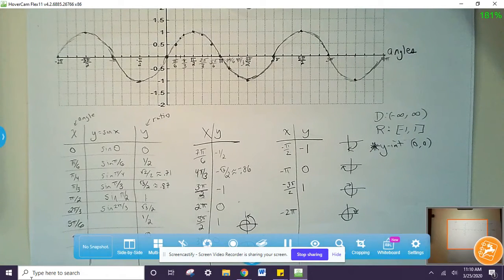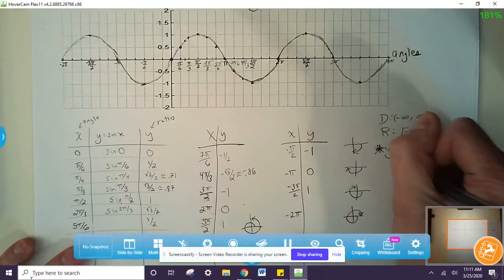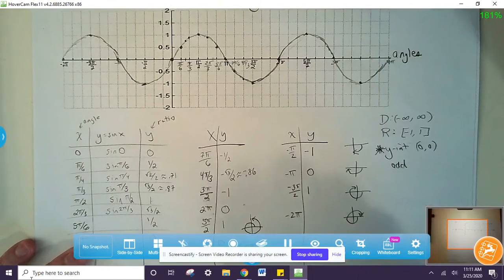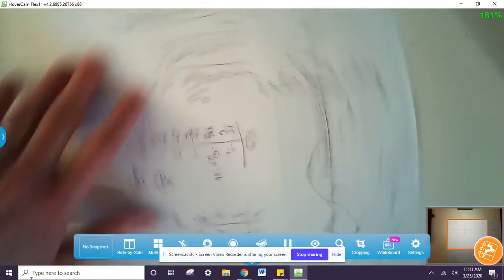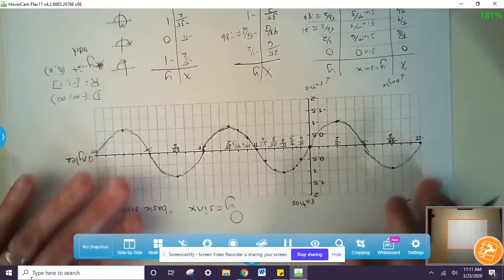For the graph to be even, you'd be symmetric with respect to the y-axis. For the graph to be odd, you would have symmetry with respect to the origin. The way we like to think of that is 180-degree rotational symmetry. Sine is an odd function. The basic sine graph is odd because if we were to spin this paper 180, the graph would look the same as before.